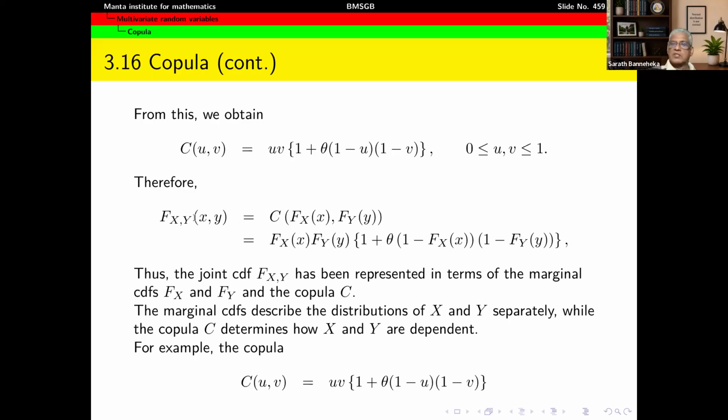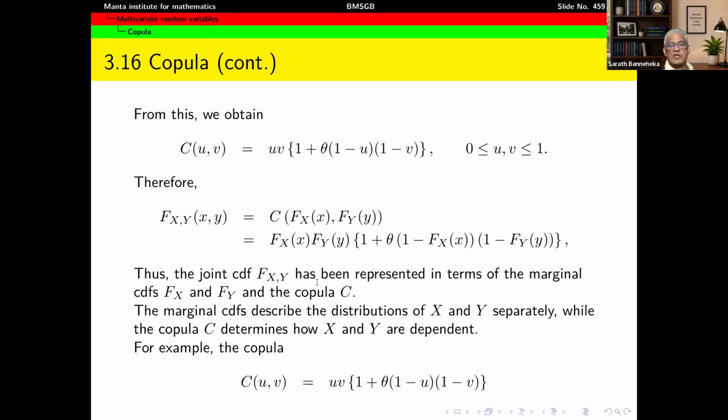Right. So that shows actually what Sklar's theorem says. Through the copula, we can separate the joint CDF into a function of individual marginal CDFs.